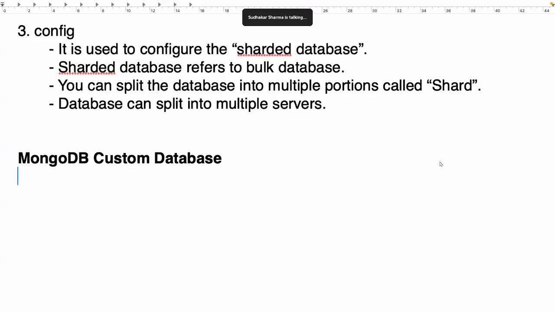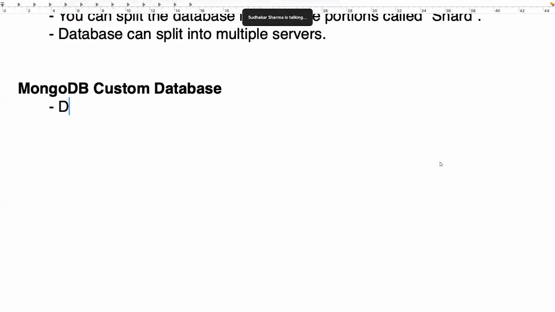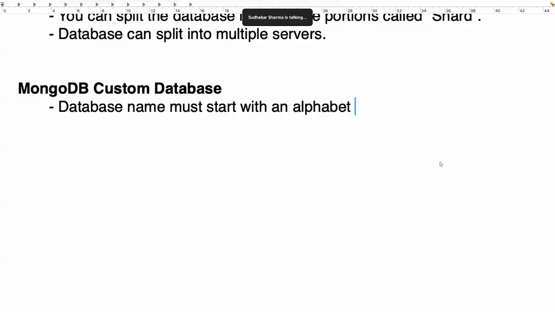But when you create a database, we have some rules. We have to follow the rules. What are the rules? First point, the database name must start with an alphabet or underscore.